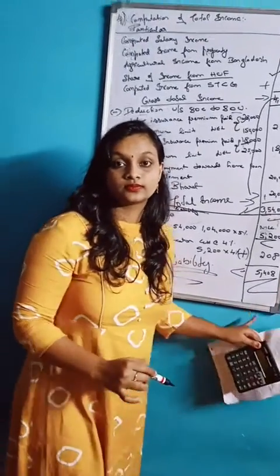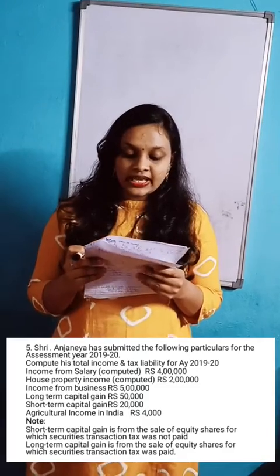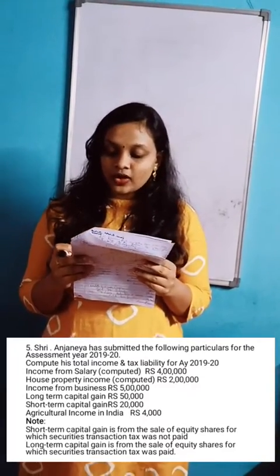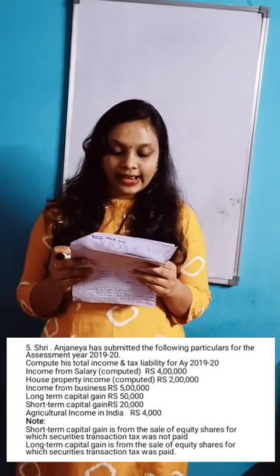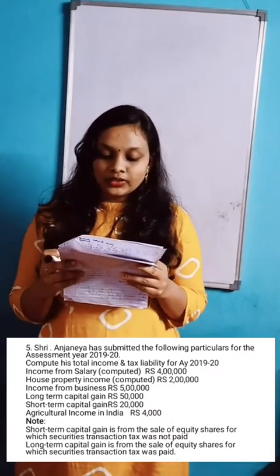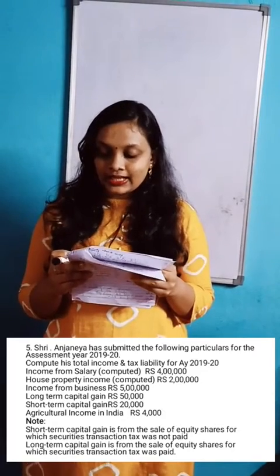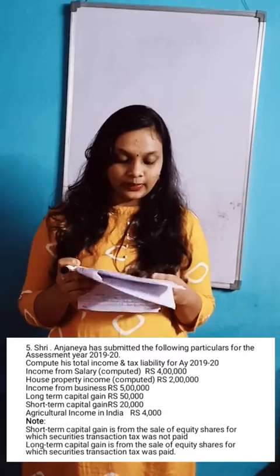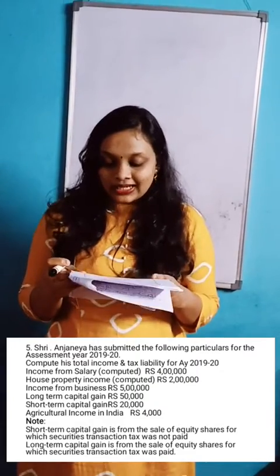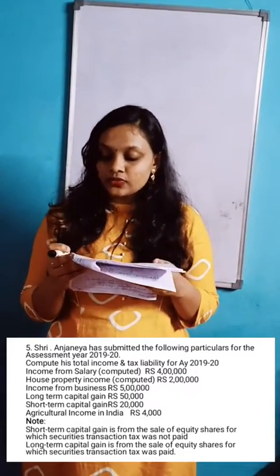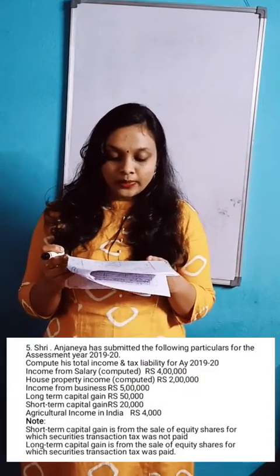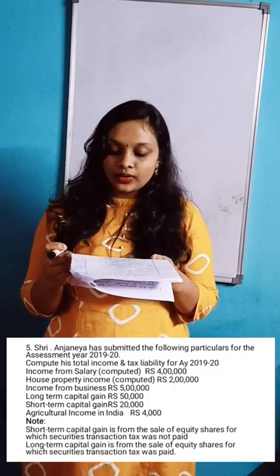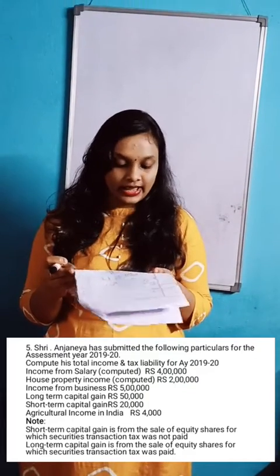Okay. Fifth question. Sri Anjaneya submits the following particulars for the assessment year 2019 to 20. Compute his total income and tax liability for assessment year 2019 to 20. Income from salary computed rupees 4 lakh. House property income computed rupees 2 lakh. Income from business rupees 5 lakh.